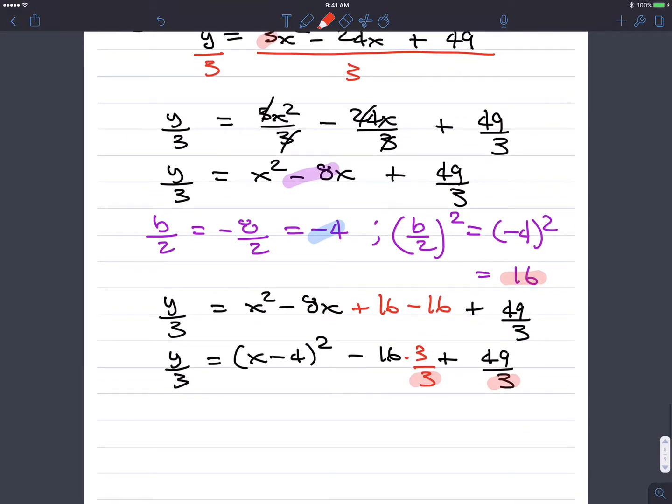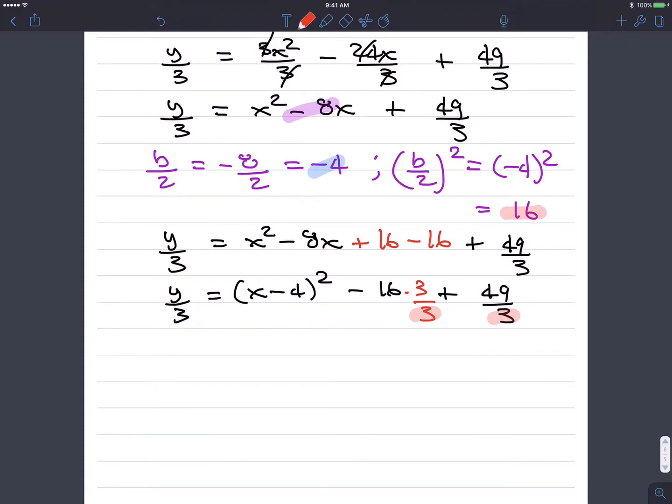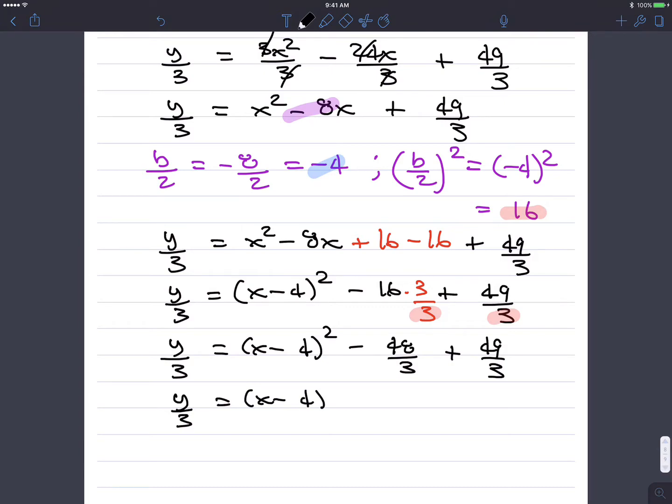So when we do this arithmetic now, y over 3 is x minus 4 squared minus 48 over 3 plus 49 over 3. And do your arithmetic, and notice you get plus 1/3.